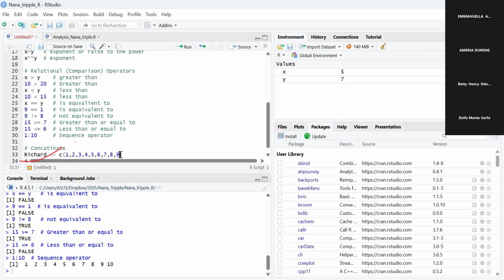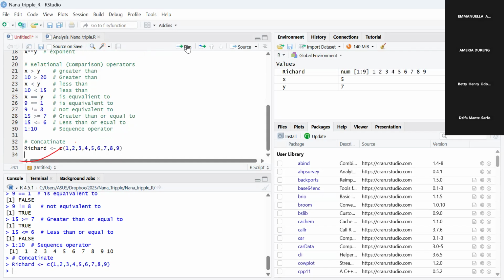You can use your name. It doesn't really change anything. So when I run it, look at what it has given me. What is it saying?